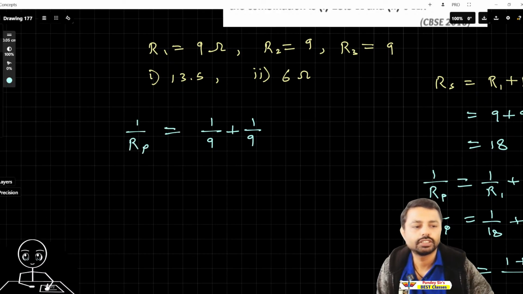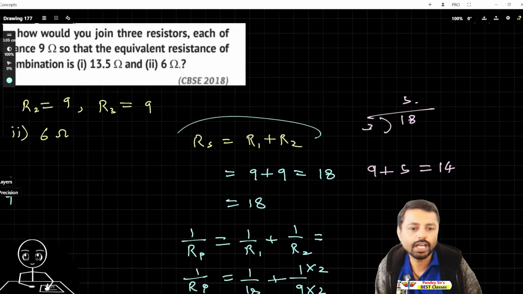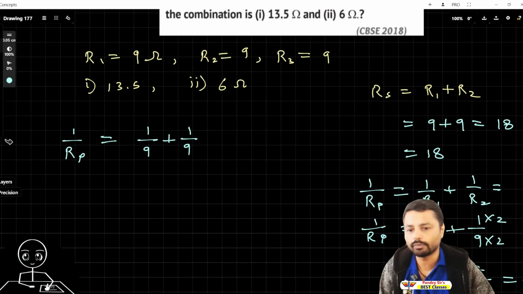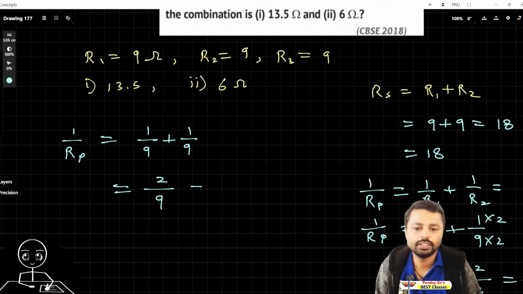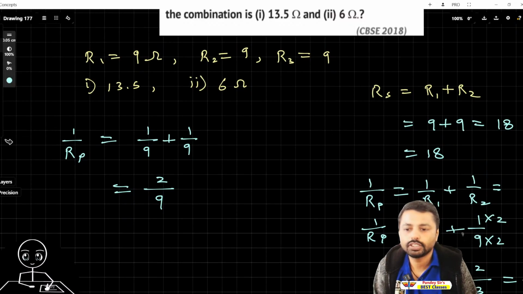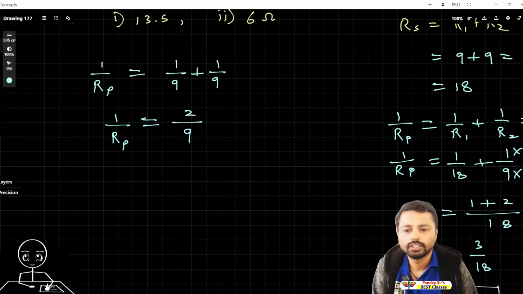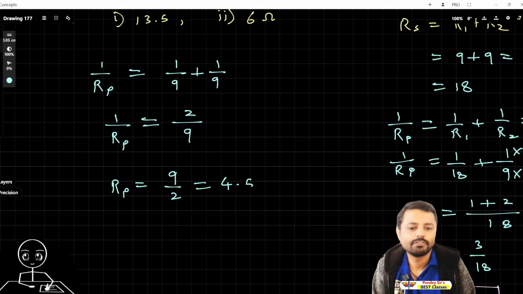In the earlier one, we did RS first, but this time we'll do 1 by RP first. So we get 2 by 9. What is 2 by 9? Let's first do the reciprocal RP. So reciprocal will be RP equal to, guess what? 4.5. Okay. So this is our RP.